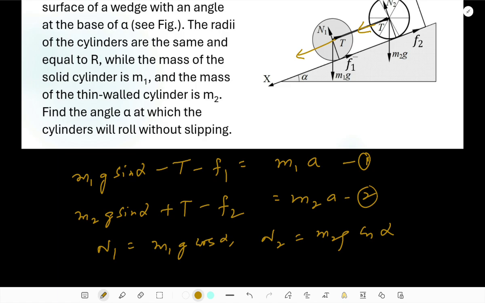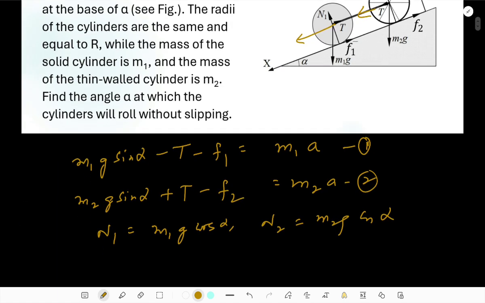And for the lower cylinder, only one force is producing the torque about the center of the solid cylinder, that is F1, and nothing else. All others pass through its center of mass.